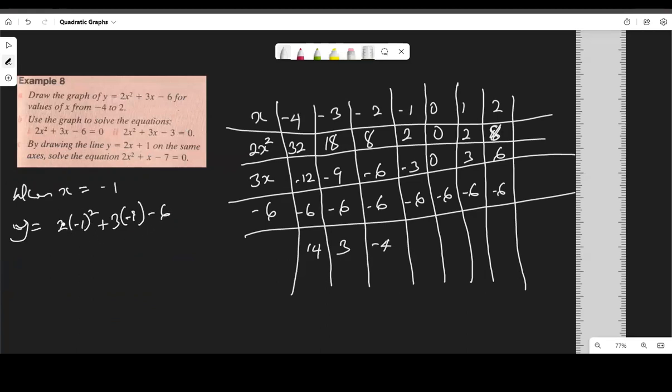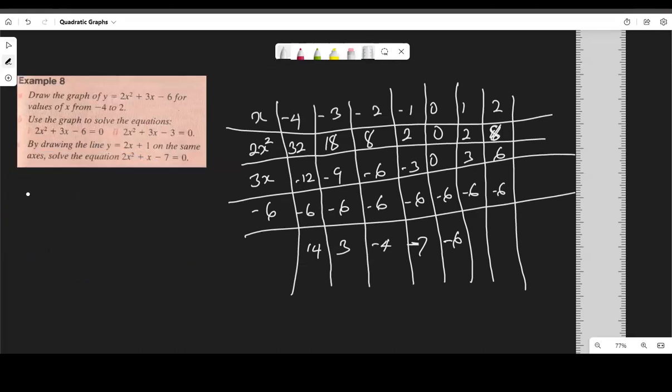Minus 1 squared is 1. 1 times this is 2. 2 minus 3 minus 6, which is 2 minus 9, minus 7. And when x is equal to 0, y is equal to 2 times, the whole of this will be 0, so y will be minus 6.